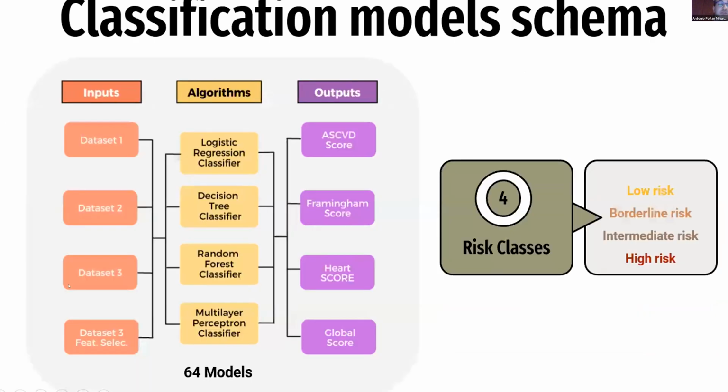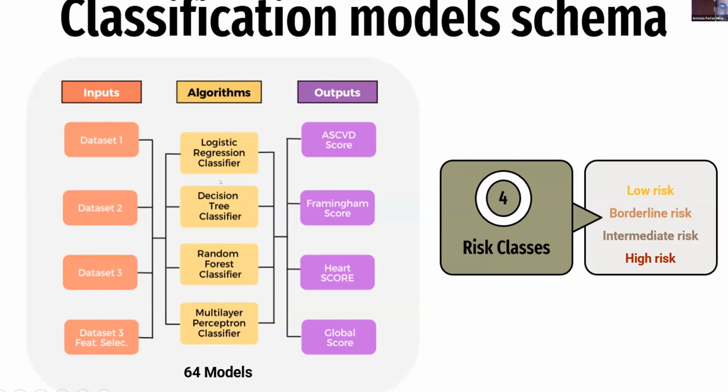So we have these 4 different data sets as inputs and 4 different outputs, which are the risk scores with only 4 possible values.